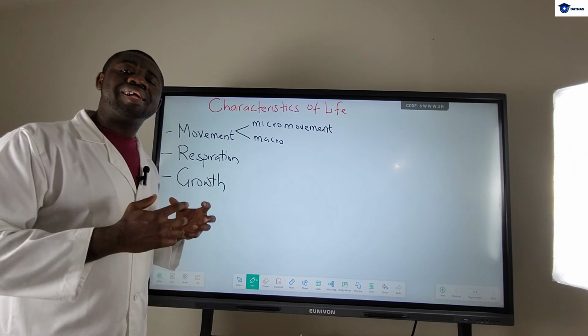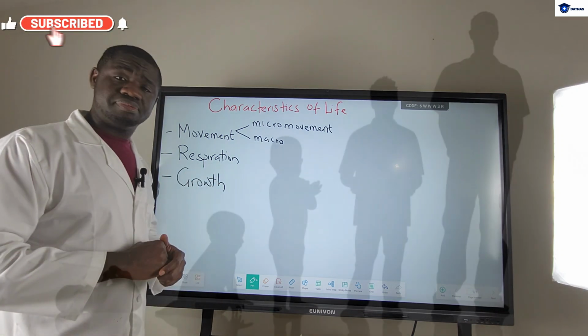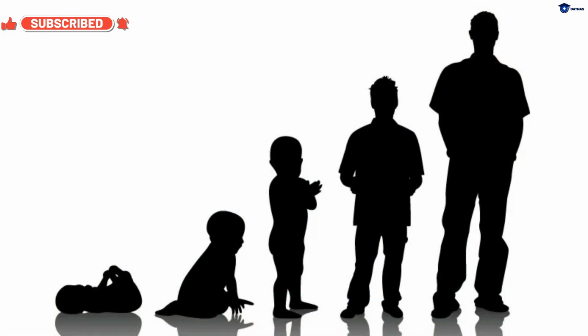Growth is an essential evidence of life. Growth is brought by an increase in the size, the length, the shape, and the body.